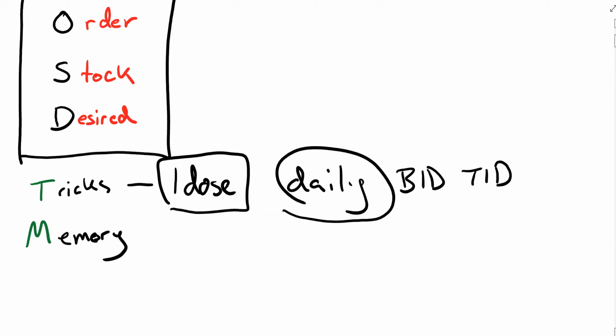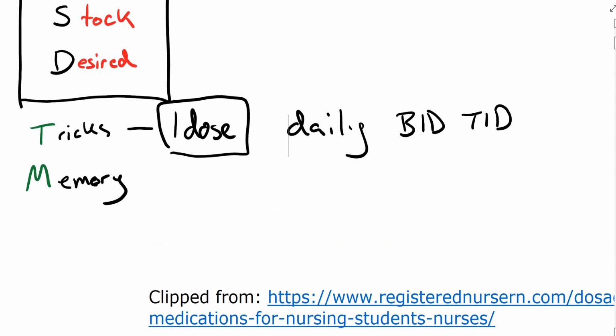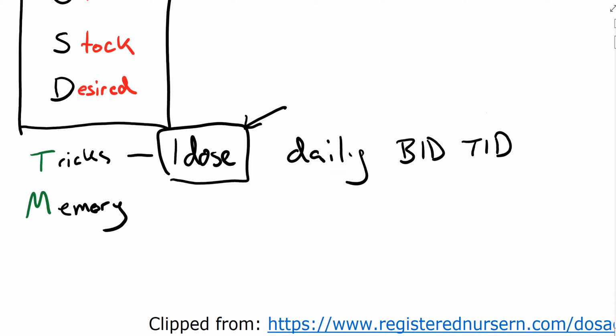Most of the questions you're going to see are one dose, but you need to keep an eye out so you don't get tricked, because certain questions will give you that.